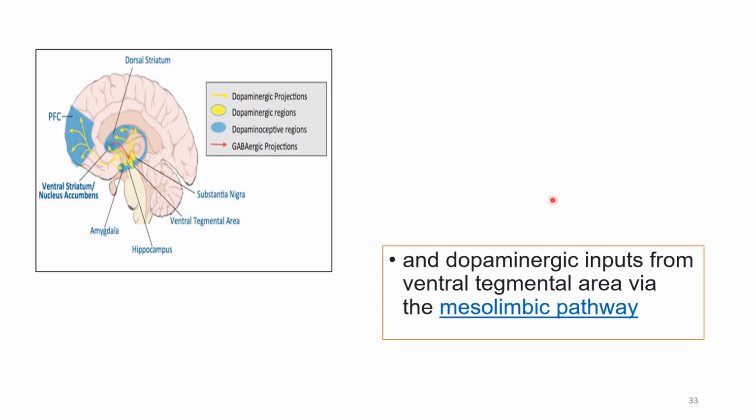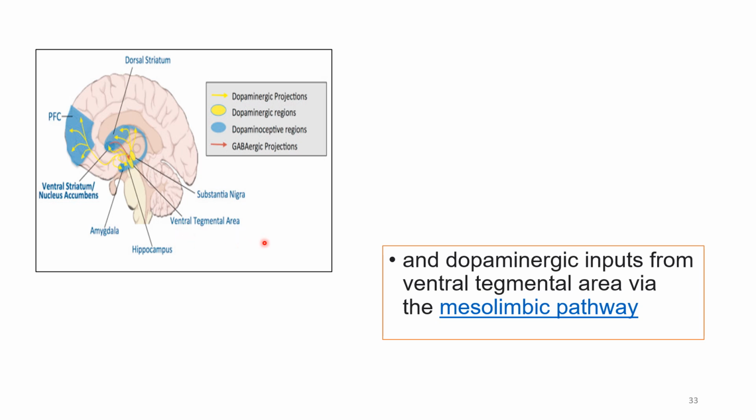See here, the dopaminergic inputs from the ventral tegmental area will come through the mesolimbic pathway. So this is the ventral striatum, and this is the ventral tegmental area. Dopaminergic neurons will be projecting to the striatum, that is the ventral striatum, from the ventral tegmental area.